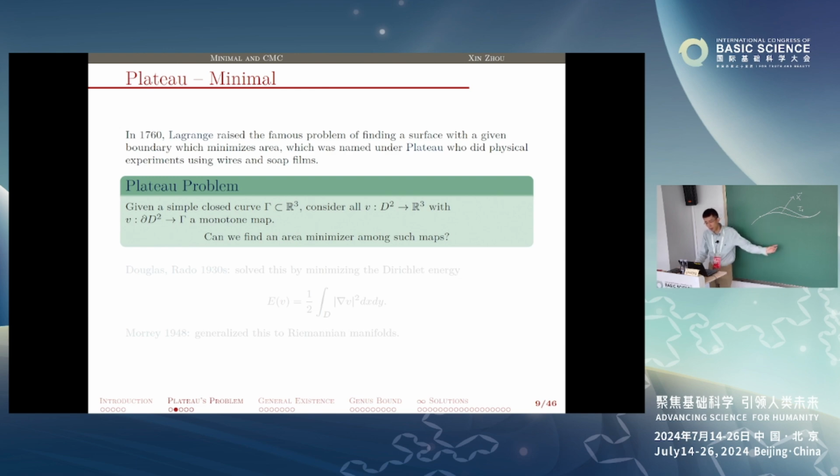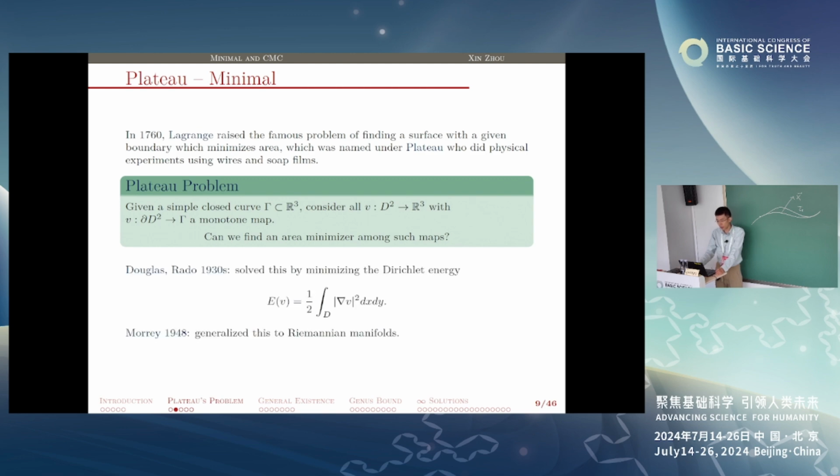Mathematically, I put the formulation over here. We put a simple closed curve gamma in our space, and we want to find the map V from the disk into the space so that the boundary is a monotone parameterization of gamma such that V minimizes area among all such maps.